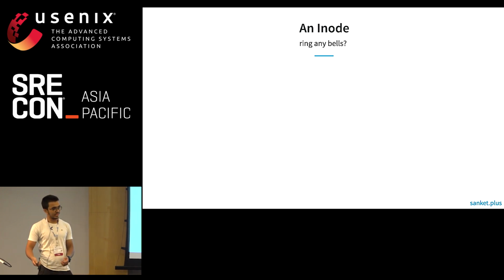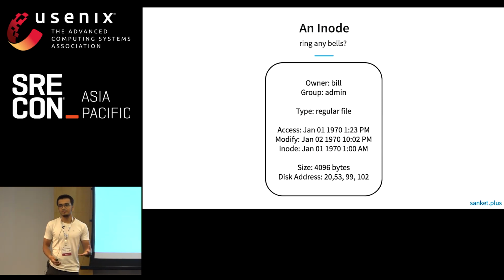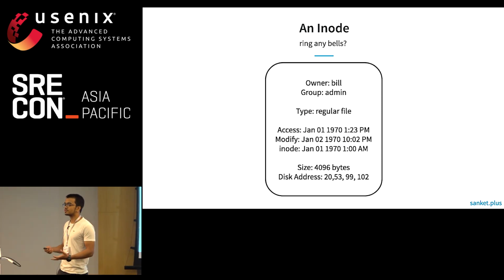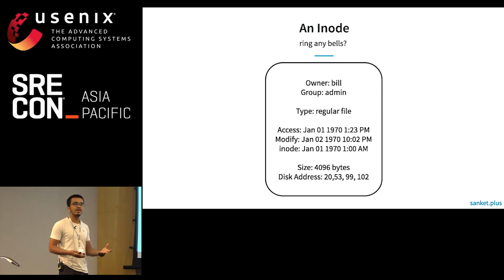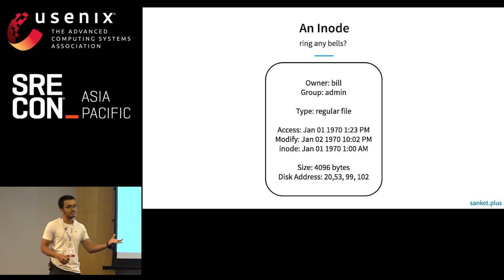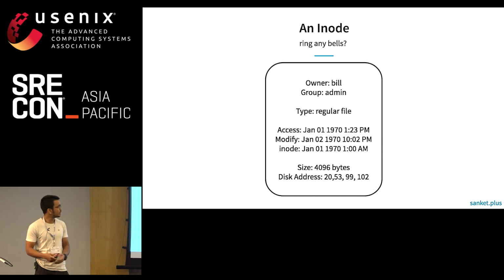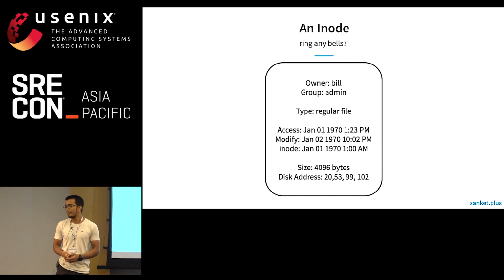If you don't know what an inode is, here's what it looks like. So what an inode is, it is basically a structure or some sort of metadata that the file will have. So some of the things that generally will go in is who owns this file or a directory or whatever it points to, who is the group that the user belongs to or the file belongs to.